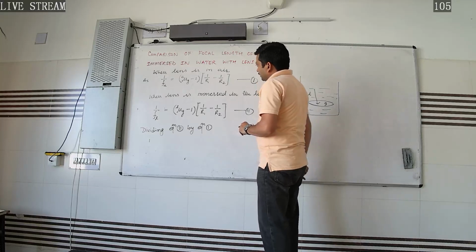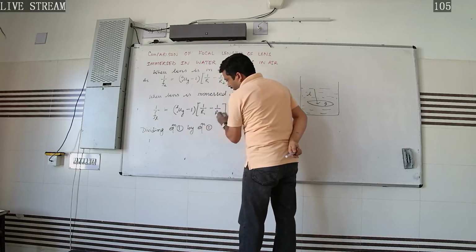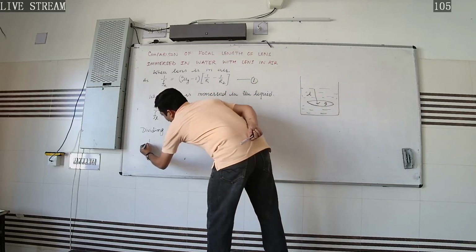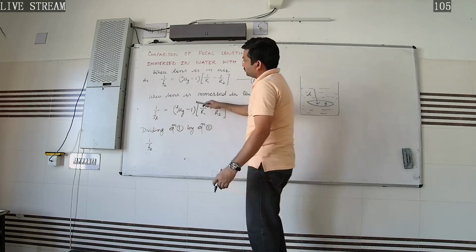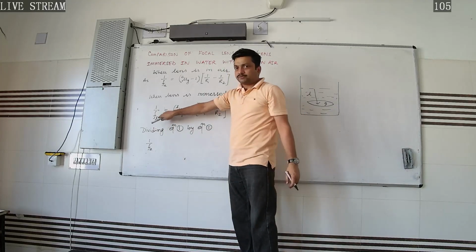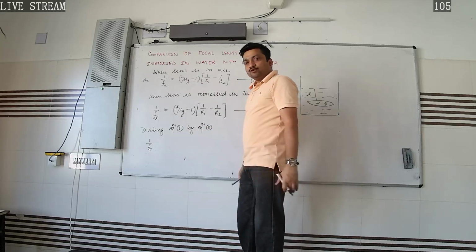Instead we will write dividing equation 1 by equation 2. Then what we get, 1 over FA. Why here am I dividing 1 by 2? Because we want to compare the focal length of the lens immersed in water. So FL should be in the numerator.